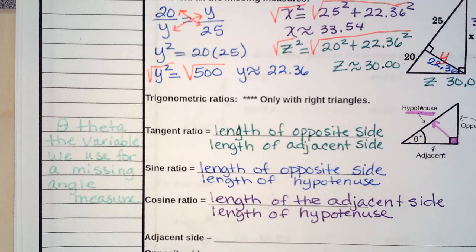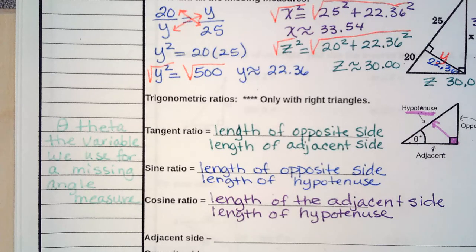Could we use x, y, z? Yeah, we could. But usually for your angle measures, we use theta, beta, and alpha. Where else have you heard theta, beta, and alpha? Think of your colleges. Those are the sororities and fraternities. They use Greek letters also.